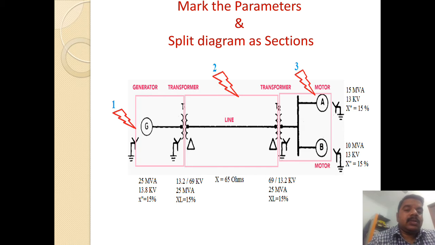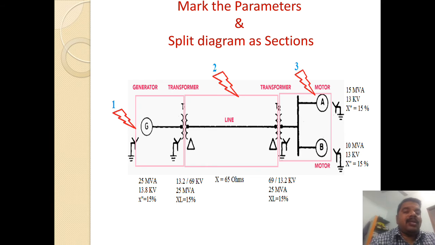Whether you choose the transformer T1 secondary or the transformer T2 primary, you have to find the KVB new value for that section. In this problem, I will use the transformer T1 secondary, and find the KVB new value by using the transformation ratio formula.